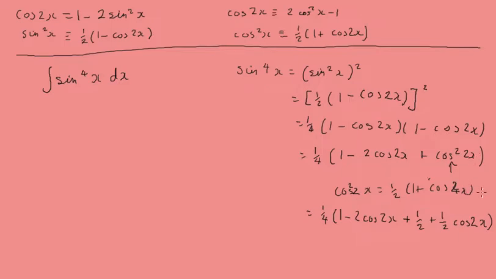Oh, that's meant to be a 4, sorry, because it's a 2x there, we have 4x. Let's tidy this up a bit because it's very messy. So we'll get 3/8 minus a half cos 2x plus an 1/8 cos 4x.